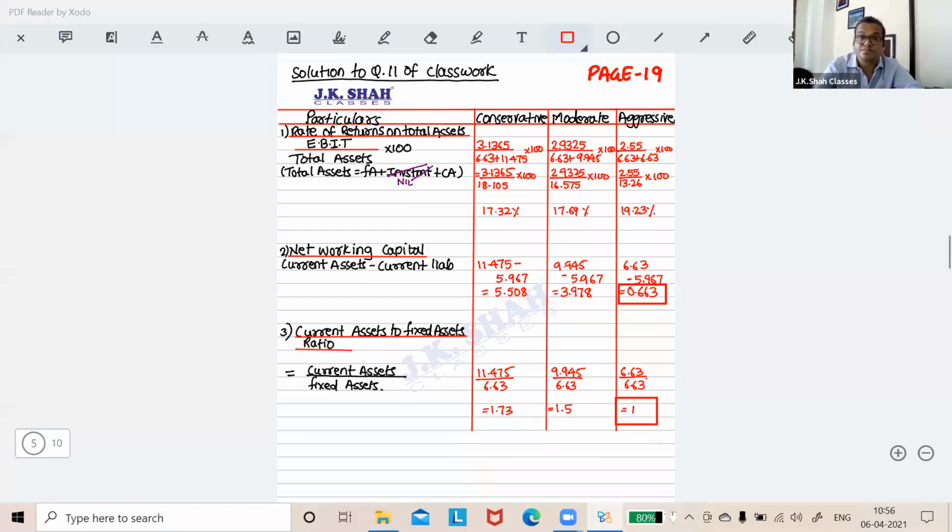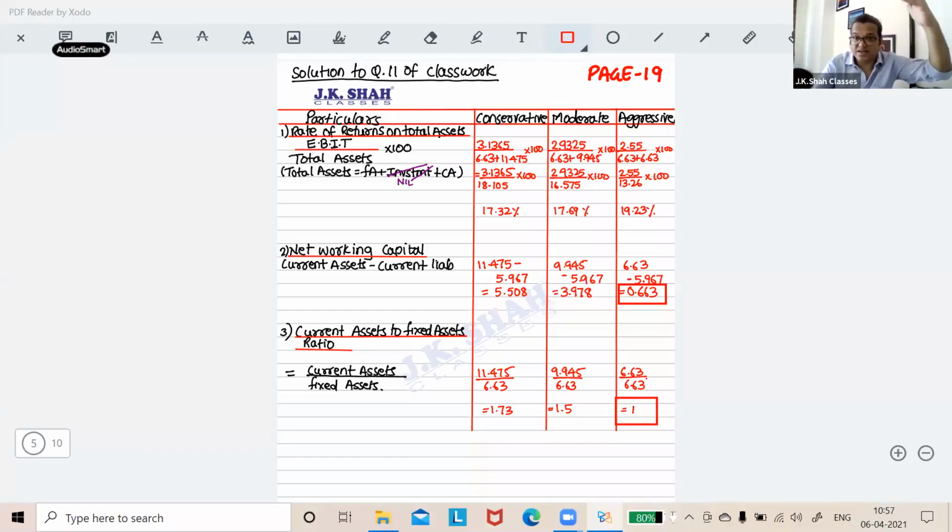Thus, the risk of non-payment of current liability is lowest or highest now?